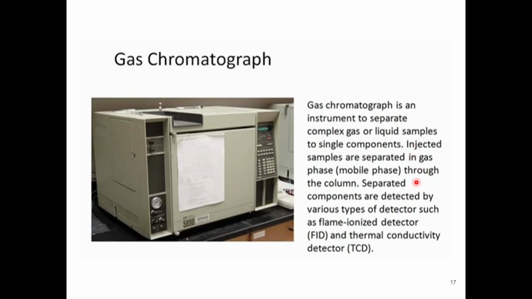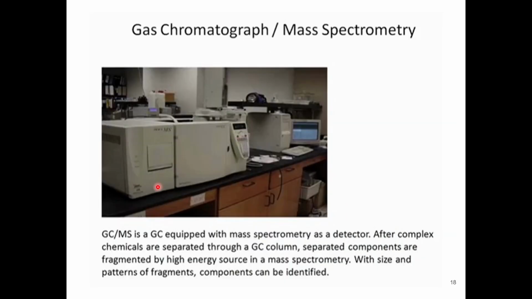By virtue of its flow properties, the gas chromatograph separates the various components mobile in the column, and using detection techniques such as FID and TCD, we can characterize the separated components.